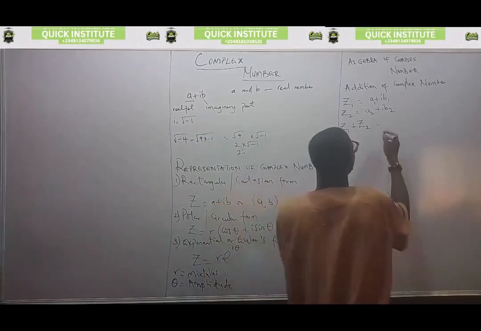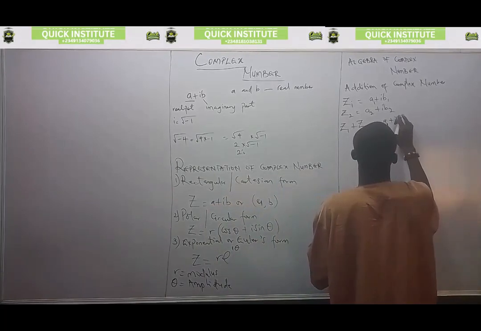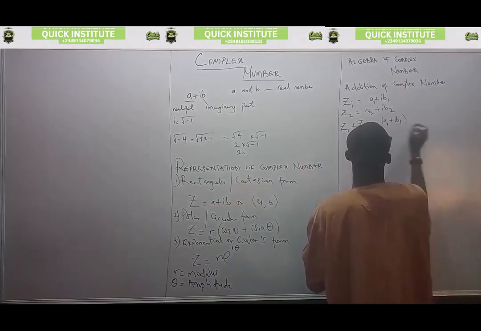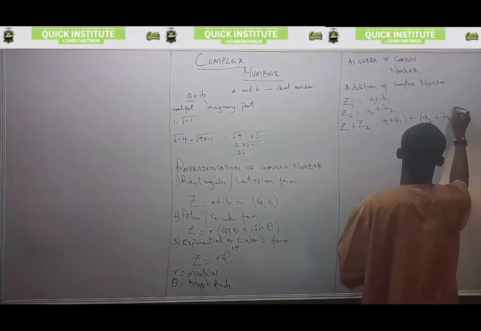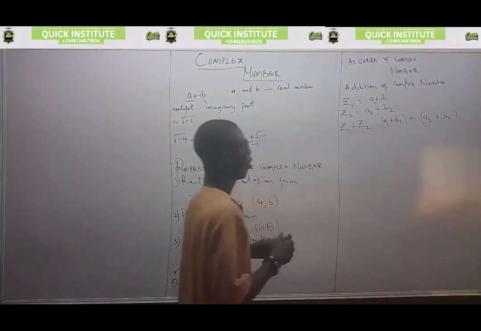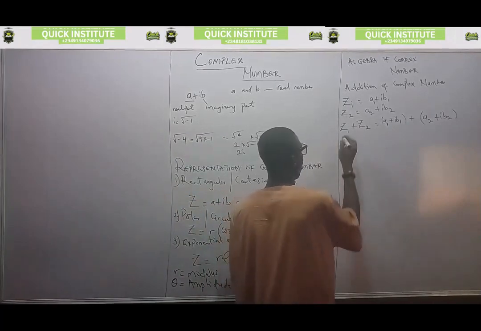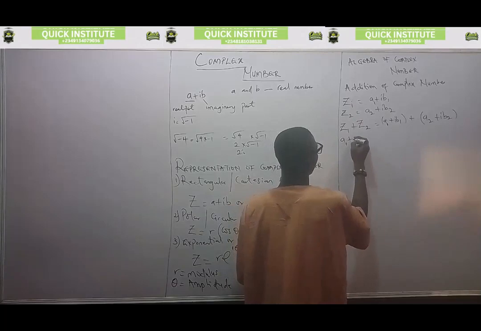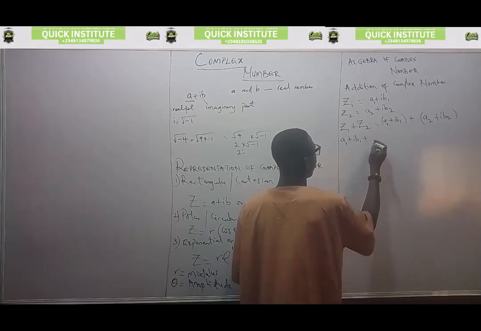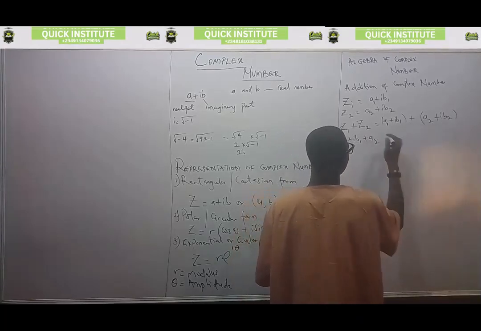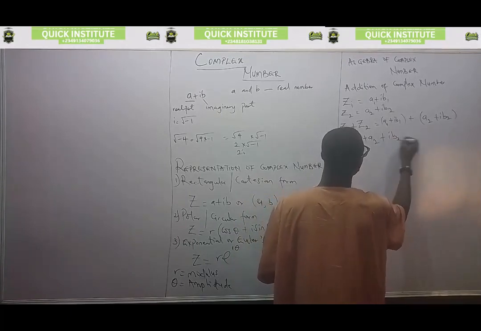Now we have a1 plus ib1 plus a2 plus ib2. Okay, so now let's expand the bracket. We have a1 plus ib1 plus a2 plus ib2.